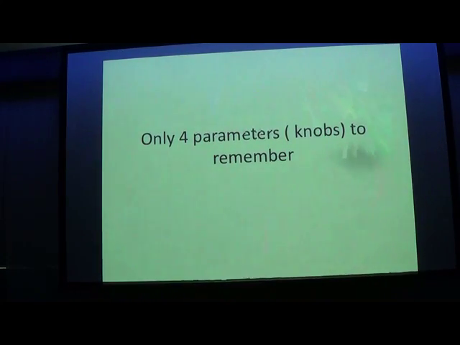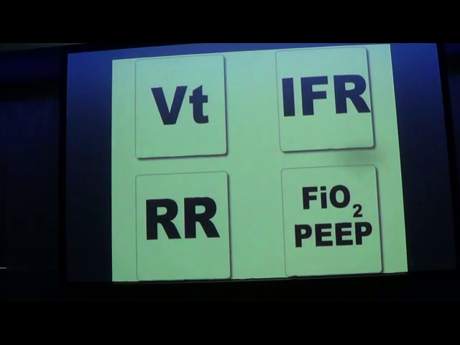As I said, there are only 4 knobs to remember. What are they? The knob for tidal volume, the knob for inspiratory flow rate, the dial for respiratory rate, and FiO2 and PEEP, which are considered as one knob.